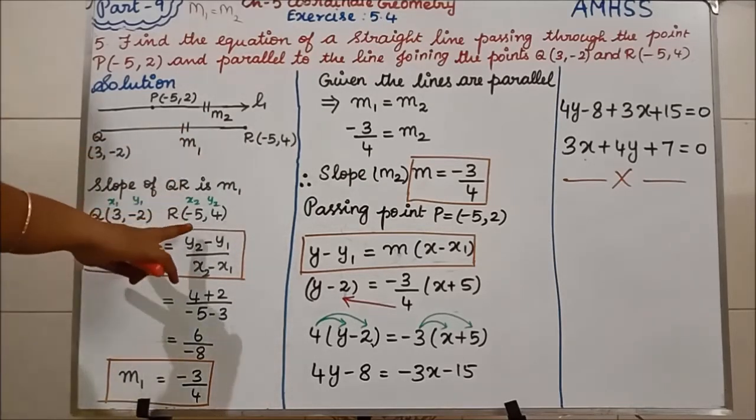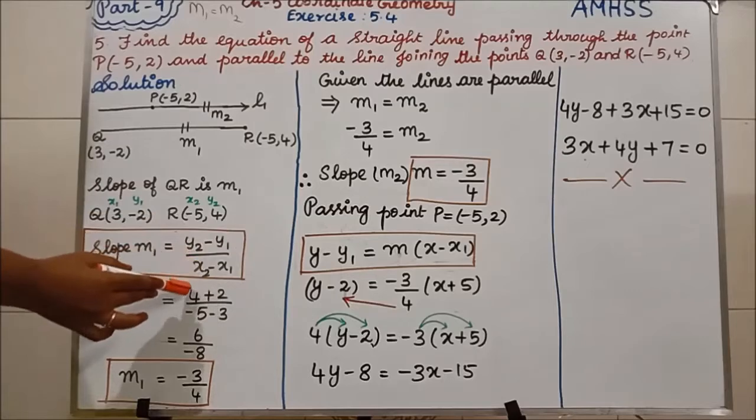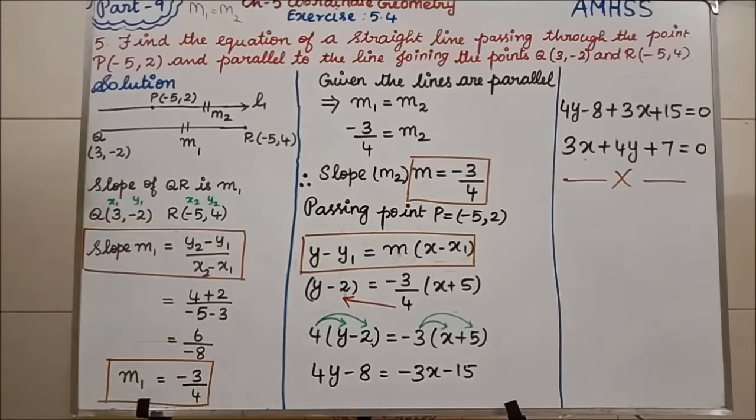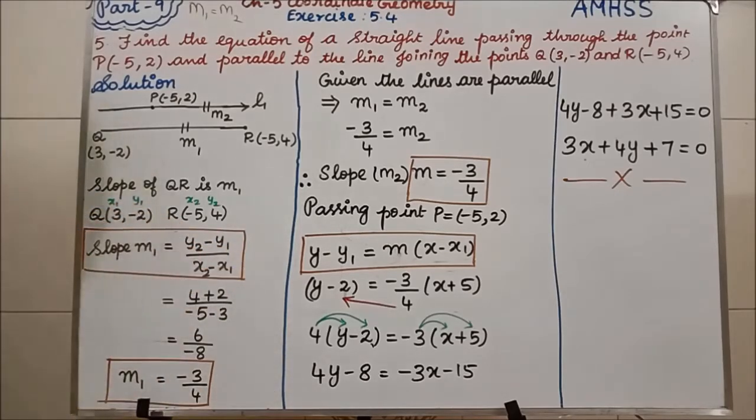If they give 2 points and we need to find the slope, what is the formula? y2 minus y1 divided by x2 minus x1. In exercises 5.2 and 5.3, most of the problems we have used this formula only. I think you know what x1, y1 and x2, y2 are, isn't it?